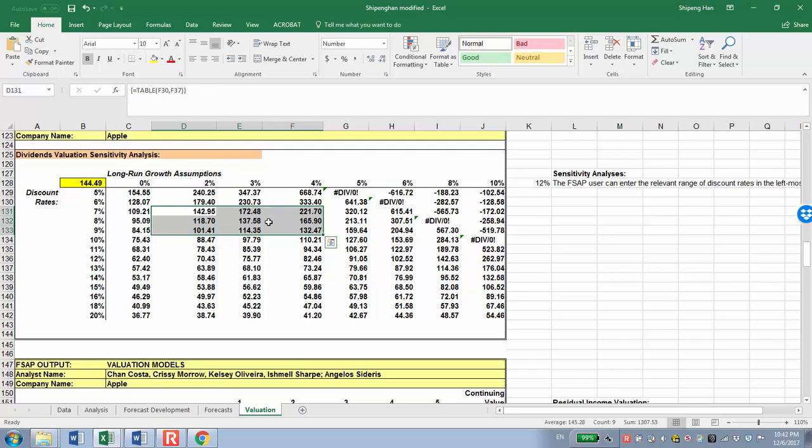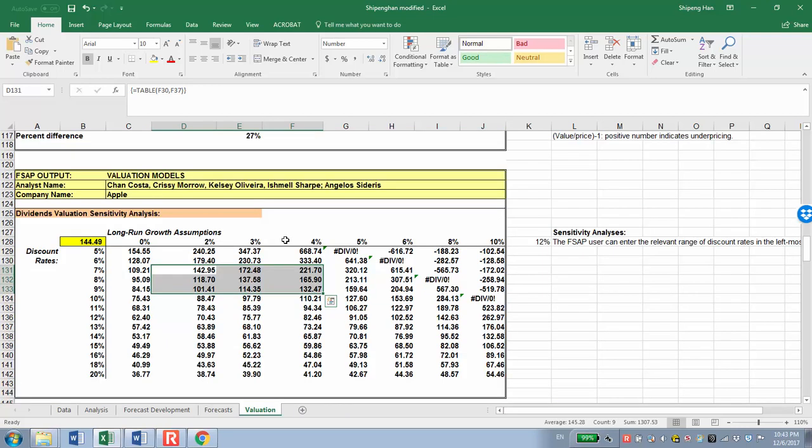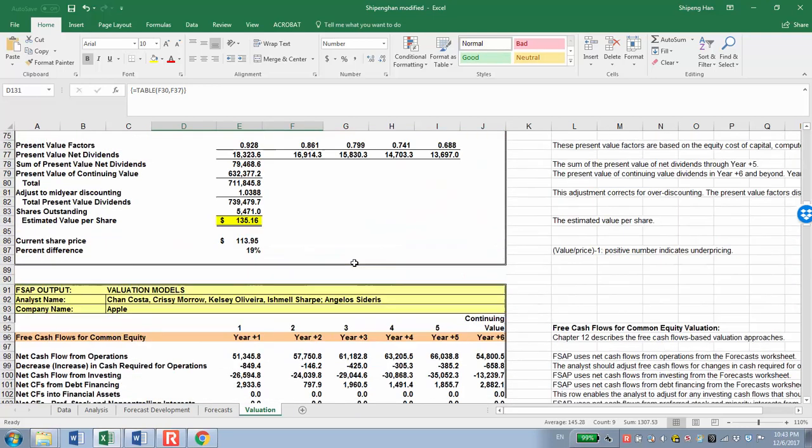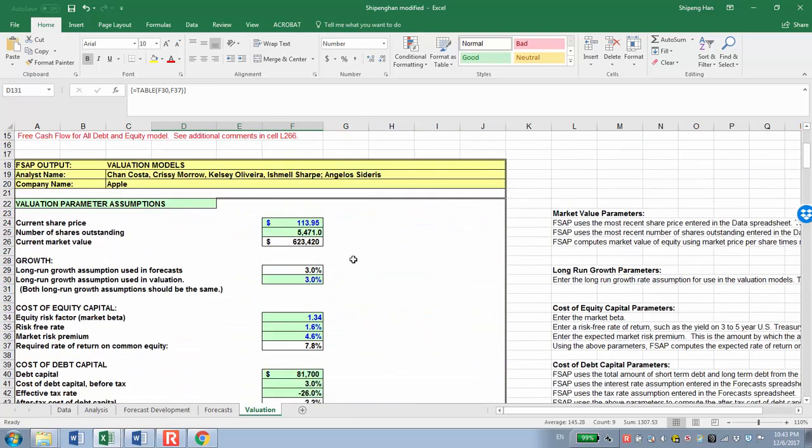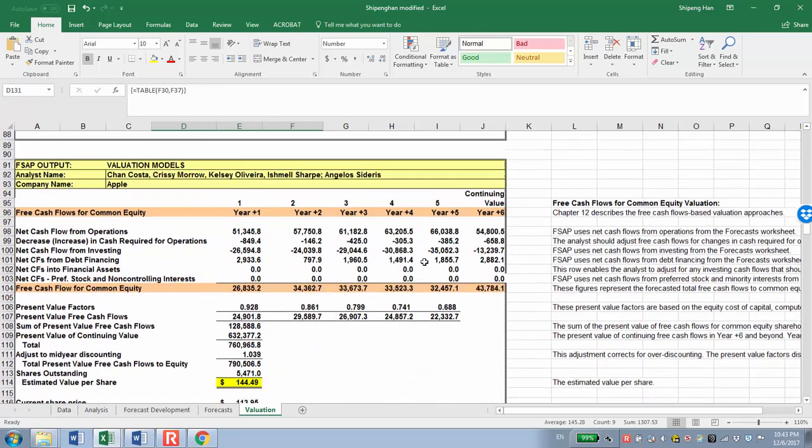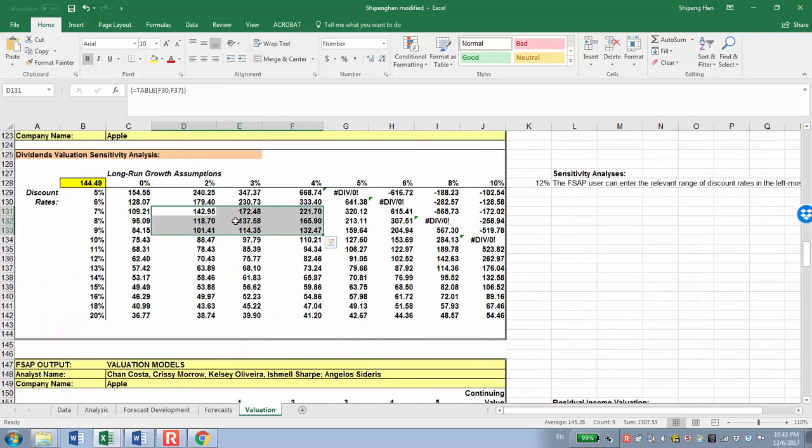Then we compare the range with the current market price. The current market price is 113 or 114 almost. So in this range, most likely, the stock value is greater than 114.